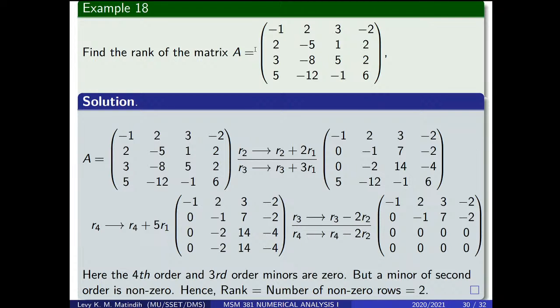Then, after reducing it, you just need to count the number of non-zero rows in that upper triangular form. Like in this case, you see there are 2. So the rank of this matrix is 2.